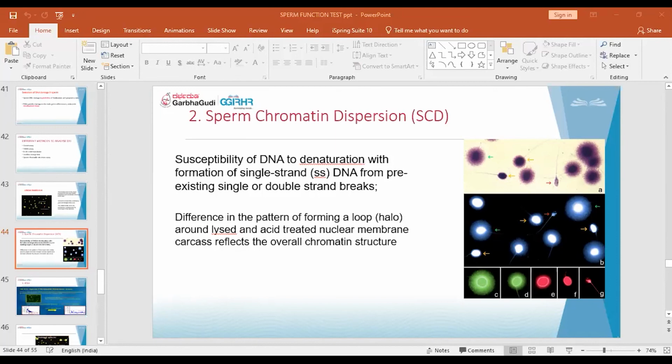Expand SCSA. Semen chromatin structure assay, sperm chromatin structure assay, sperm chromatin stain assay, or none of the above. B, sperm chromatin structure assay. How many of you agree? Who is this doctor saying stain assay?